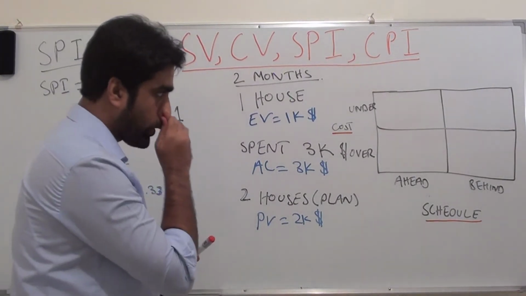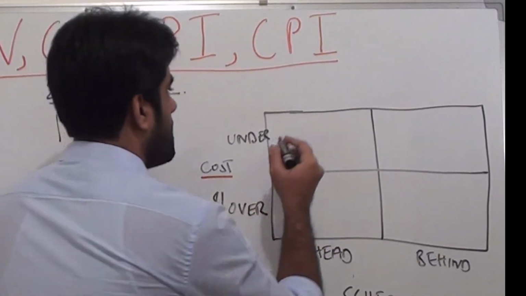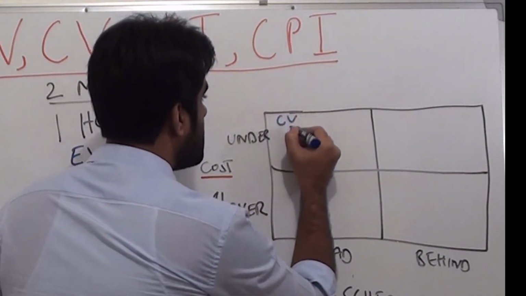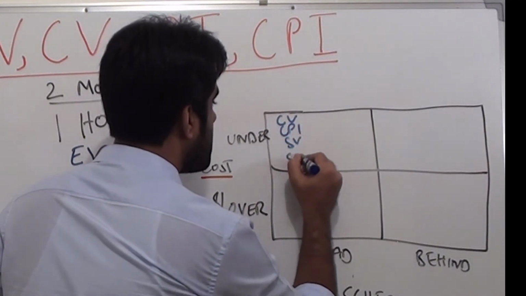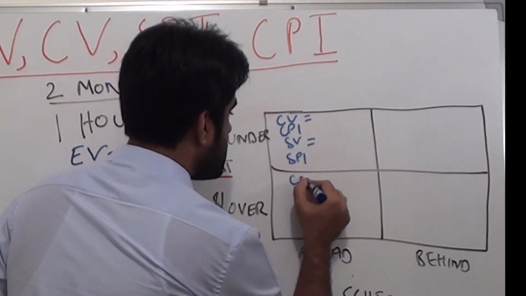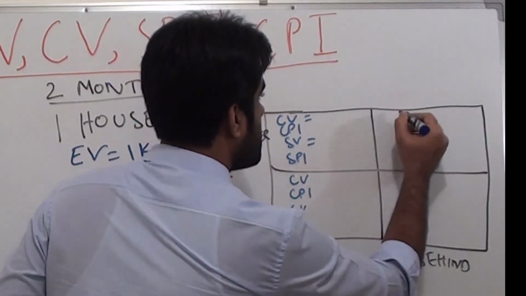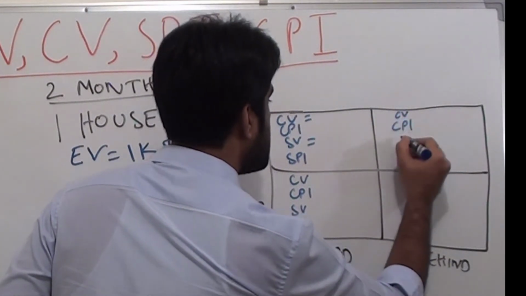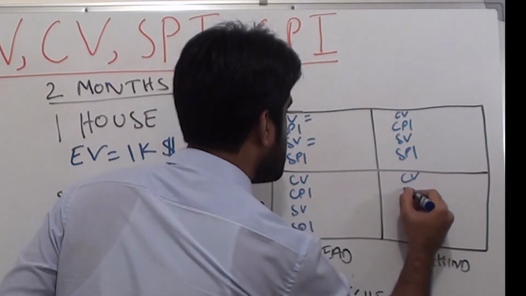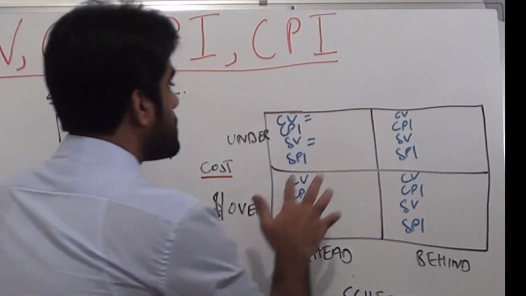Okay, so let's have our CV, CPI, SV, SPI in each box.